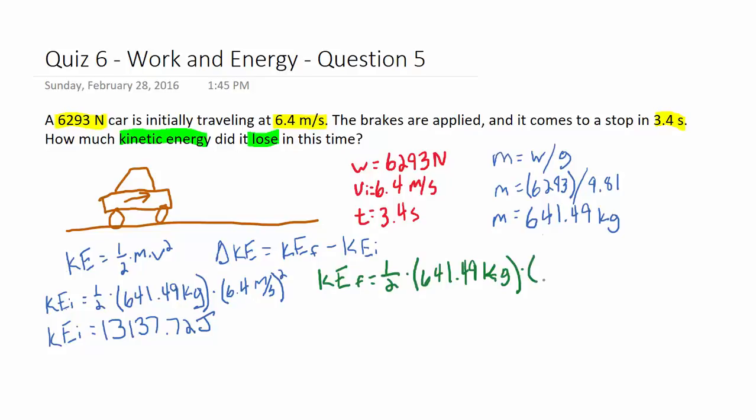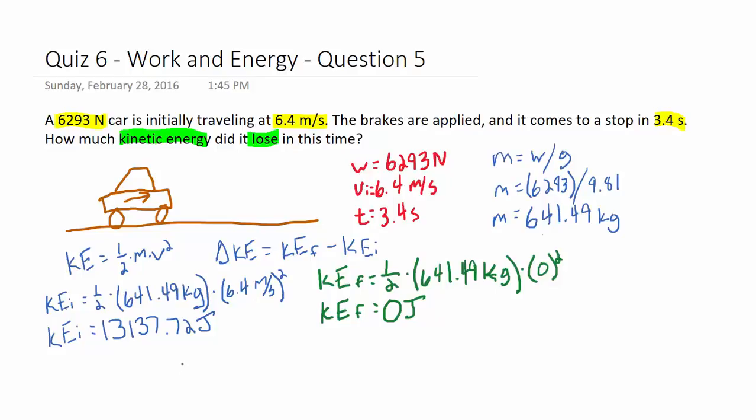Now our final velocity is going to be 0 because it's coming to a stop, squared. And for the math whizzes out there, you'll be able to figure this out pretty quick because everything is being multiplied by 0, so the answer is 0 joules.